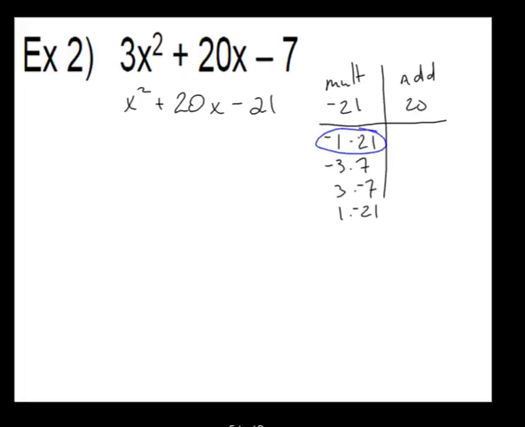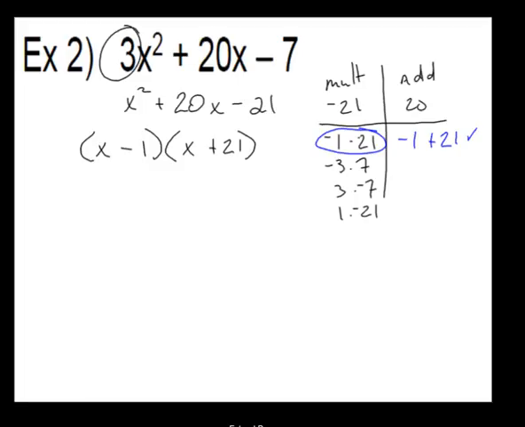This one here, negative 1 plus 21, that would give me 20. Since my leading coefficient is 1, I can automatically drop straight in x minus 1, x plus 21. But remember, my original one here was 3.